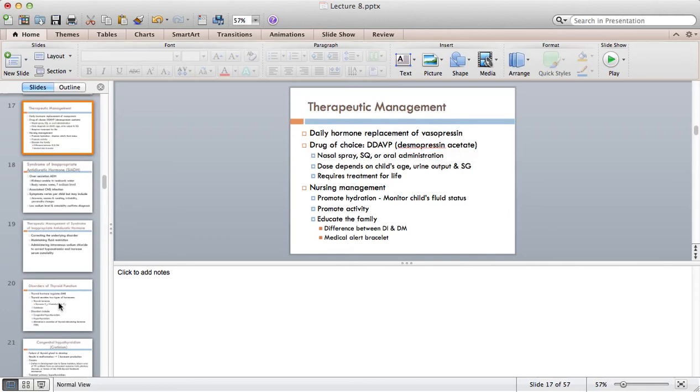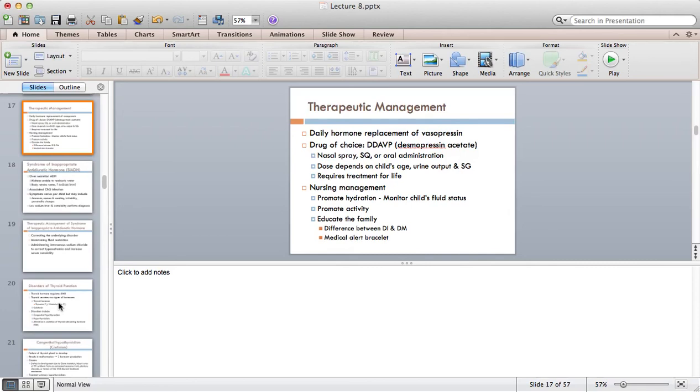And again, as with most medications that we give in pediatrics, we dose the medication according to the child's age and weight. So you do the age, weight, and then the urine output.